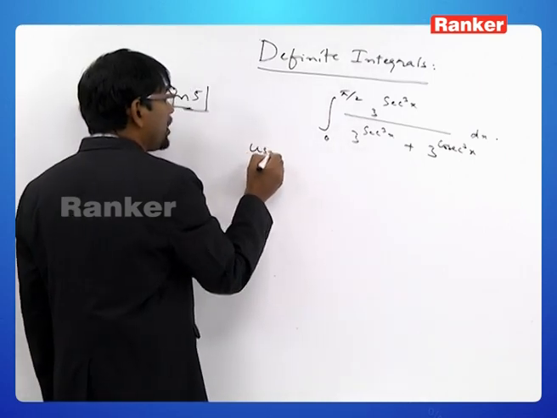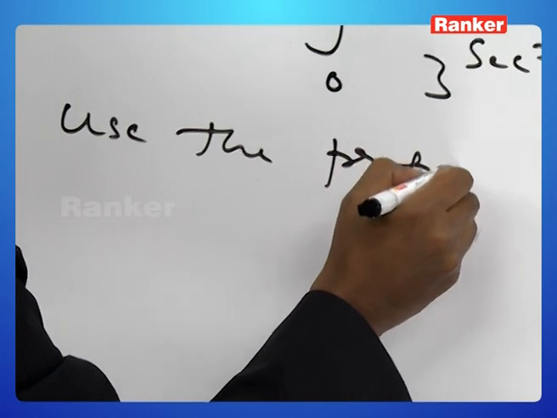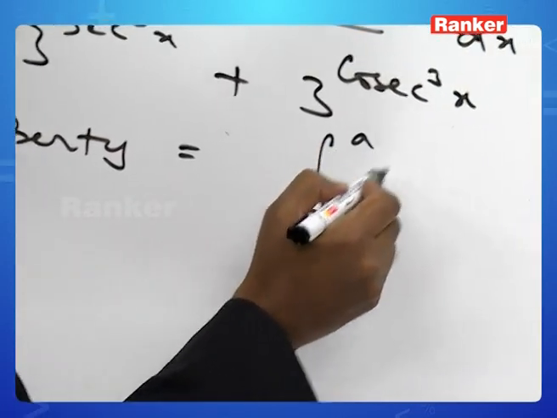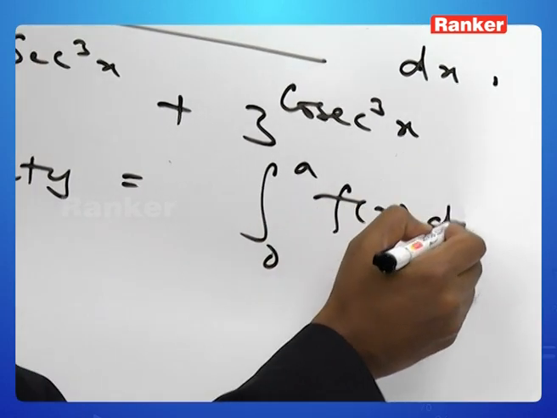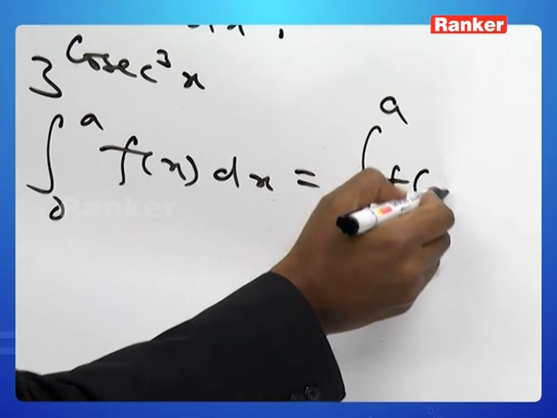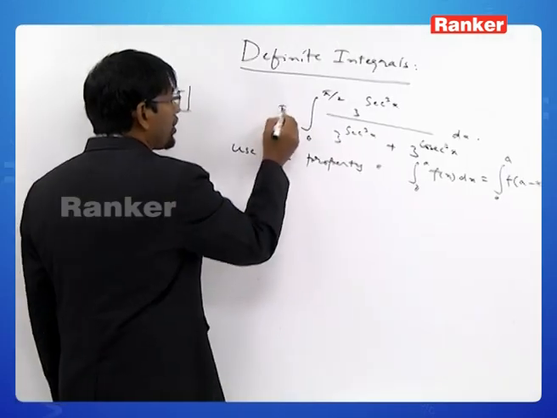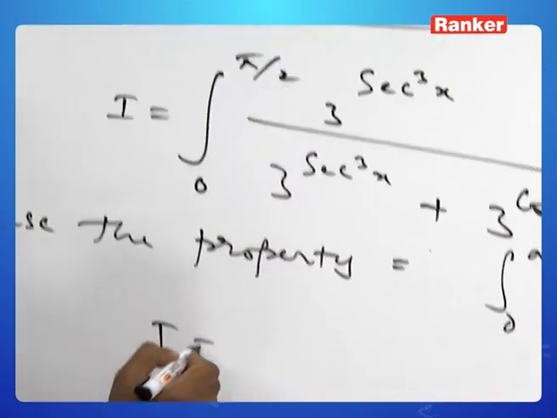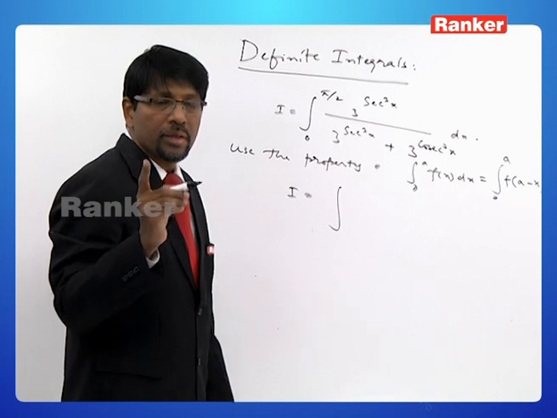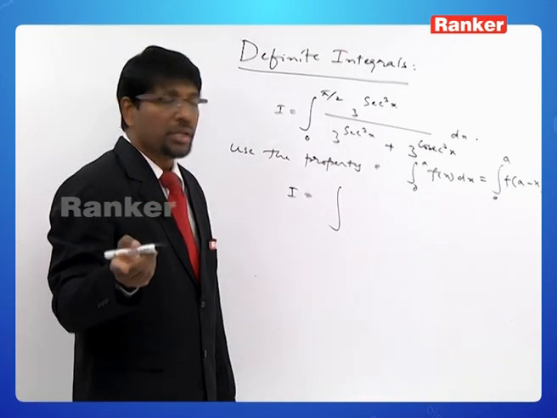Again use a property: integral 0 to a f of x dx is same as integral 0 to a f of a minus x dx. So we can write this integral I as, we shall replace x with pi by 2 minus x, then secant will turn to cosecant and cosecant will turn to secant.